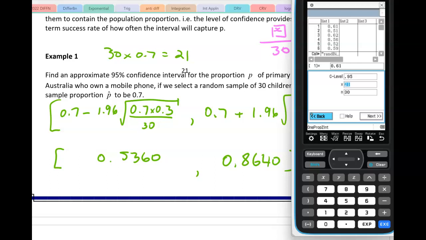And so once we put in our level of confidence as a decimal, then put in that 21 on 30. Is that okay? Does that make sense as to why it's 21? 30 is the number in the sample. And then, oh gosh, I've lost it. There it is. And there's your lower end and upper end of the interval. You can check your p value. It's given there, 0.7. So that's a good way just to check it. And obviously n is as it is.